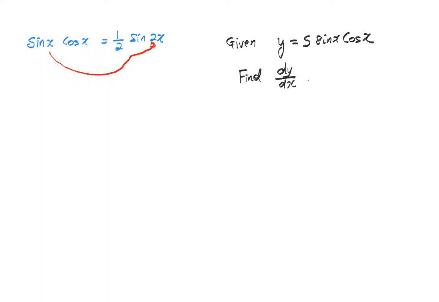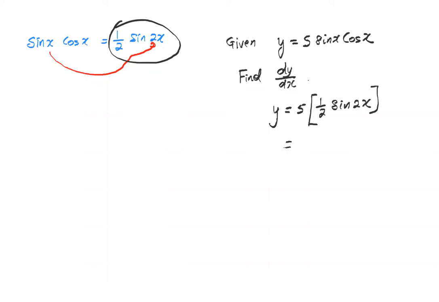So what I do is I take a step to change this sin x times cos x as this. See? So this will be 5 over 2 sin 2x. So that is how I use it. So it will prevent me from using the product rule.